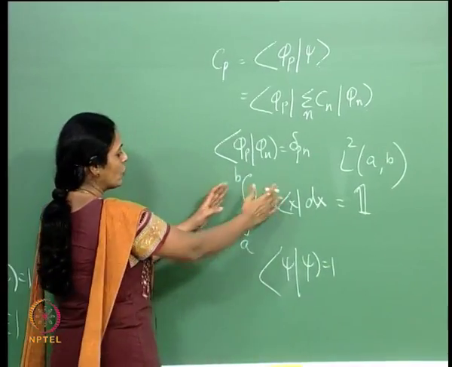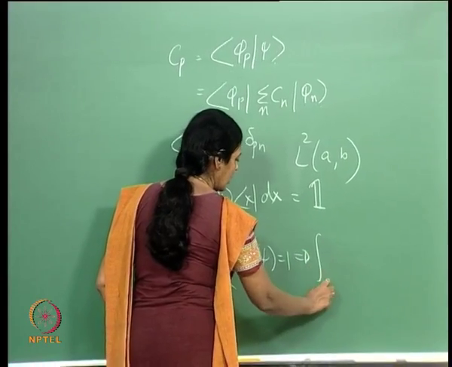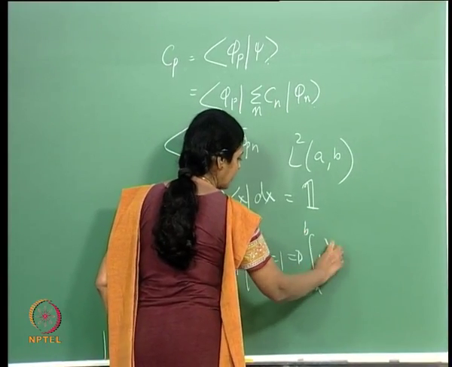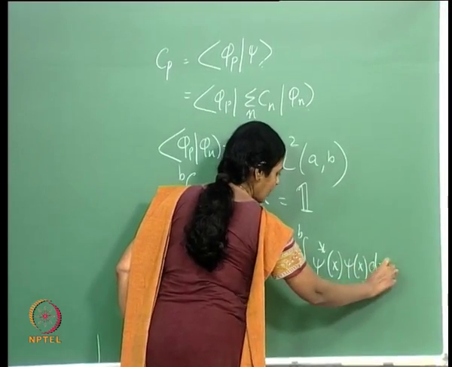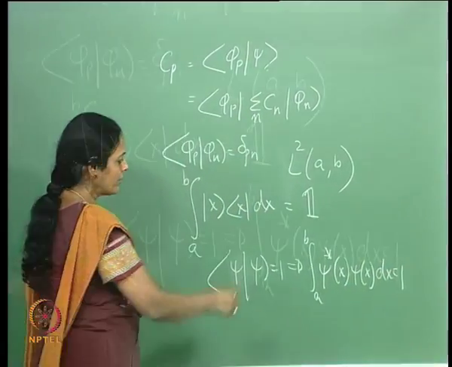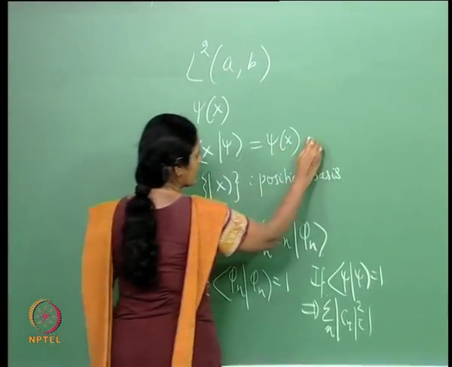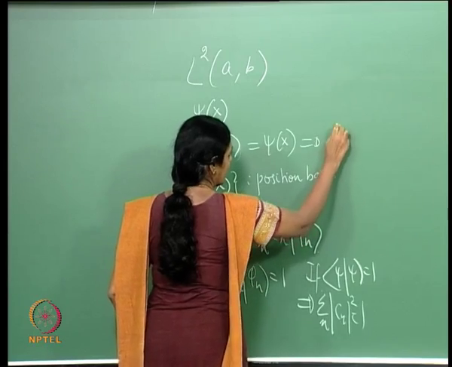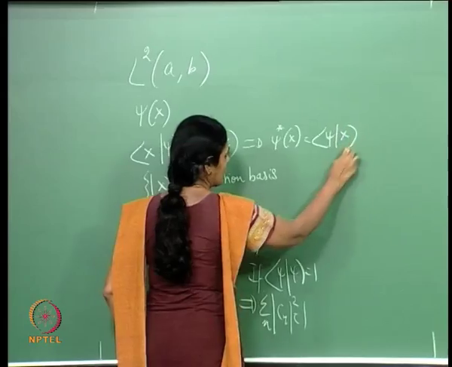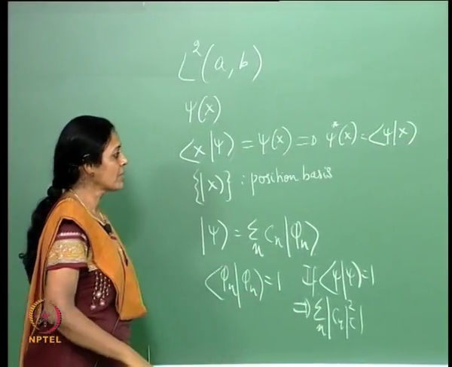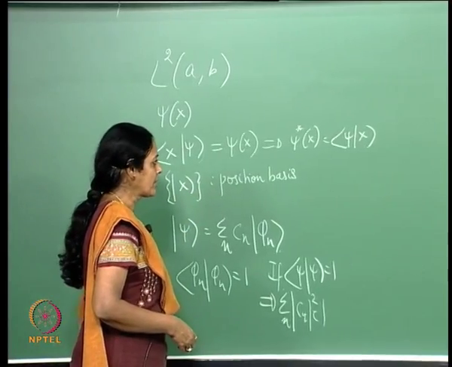I can well introduce this complete basis there, and that would amount to saying integral a to b psi star of x psi of x dx is 1. Because I have introduced a complete set of states, if psi of x is this, it implies that psi star of x is this object, the inner product of bra psi with ket x, and therefore I got that.